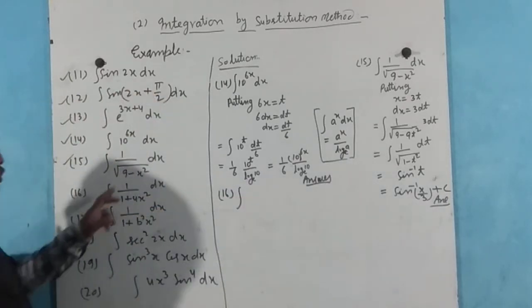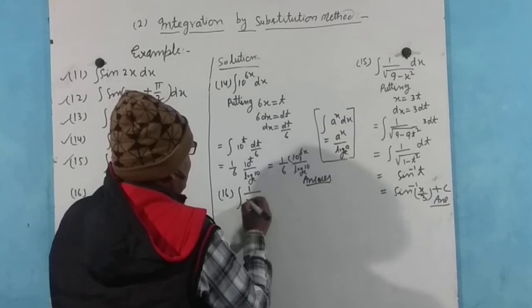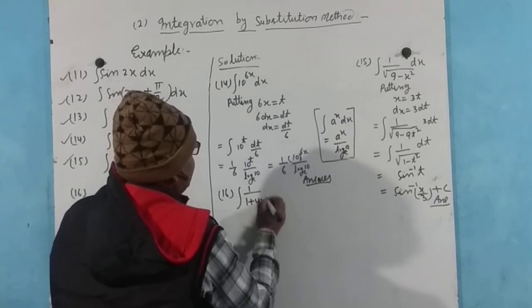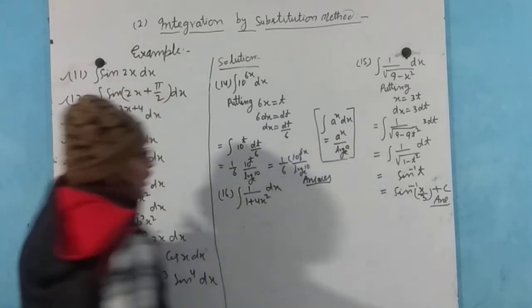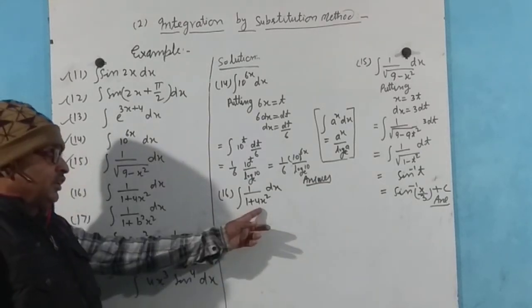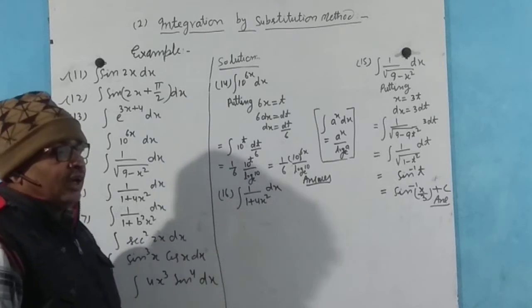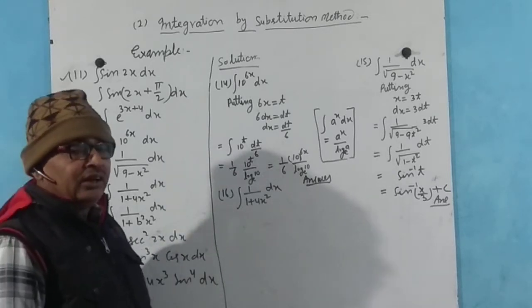Integration of 1 by 1 plus 4x square dx. In this case, if you put 2x equal to t, then here comes 1 plus t square, that is just like tan inverse.